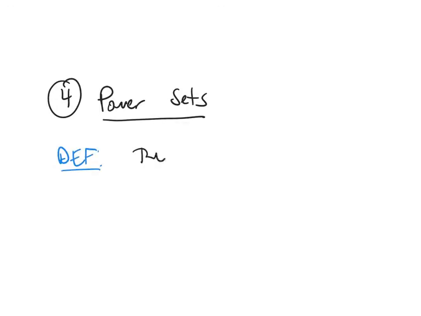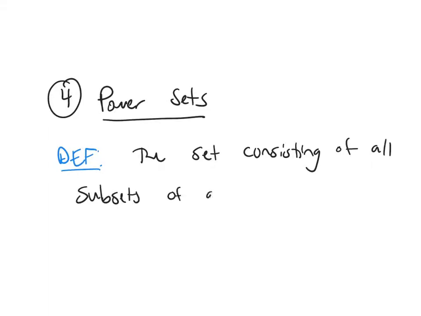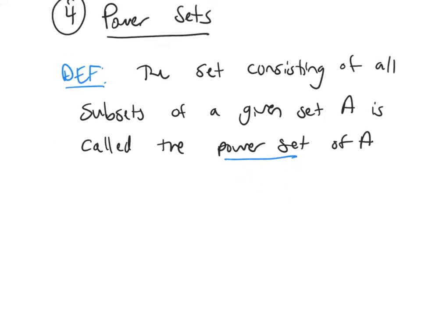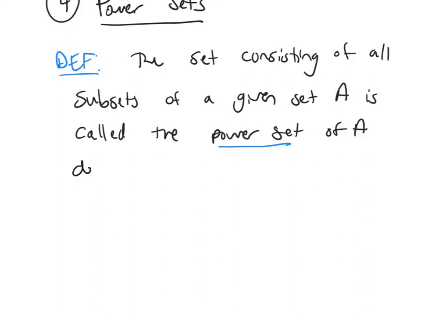It's the set consisting of all subsets of a given set is called the power set of A. And the way we denote it, denoted by P(A), means the power set of A.